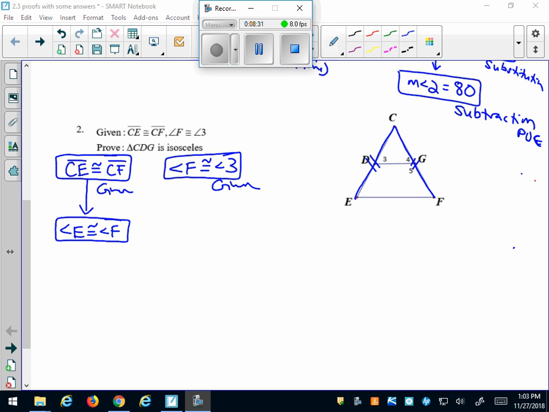Since this whole side is congruent to this whole side in the big triangle, the angles across from them are congruent. What is the reason? E congruent to F by what reason? Good, isosceles triangle theorem. Because we start with the sides being congruent and we conclude that the angles are congruent.